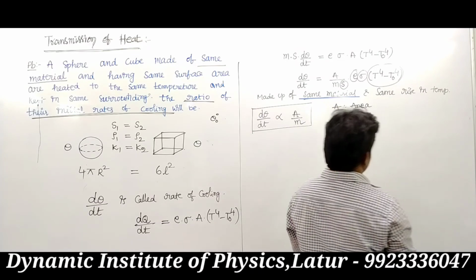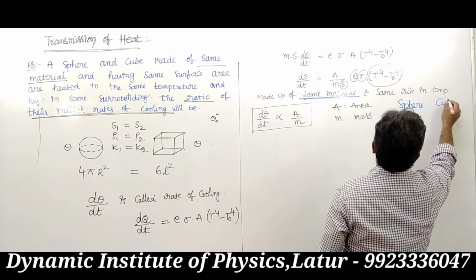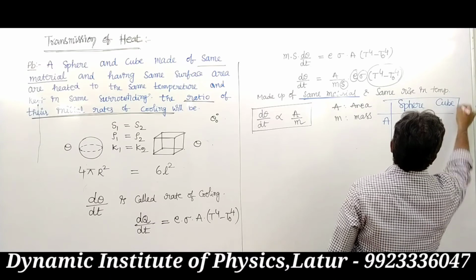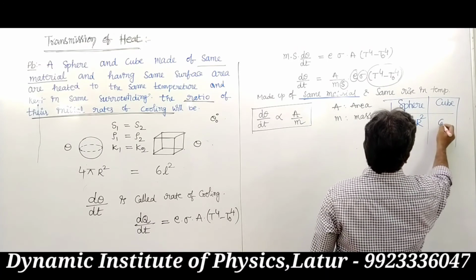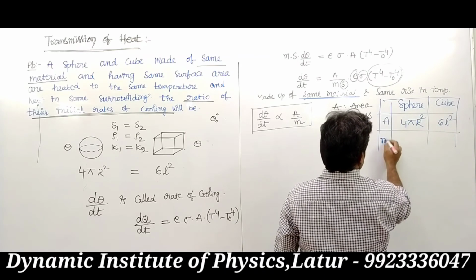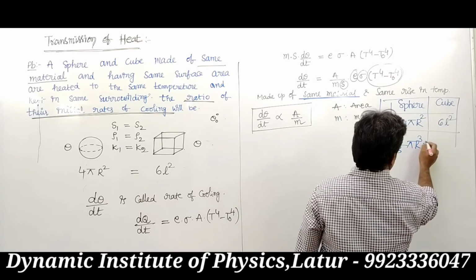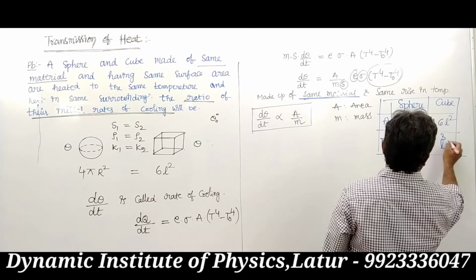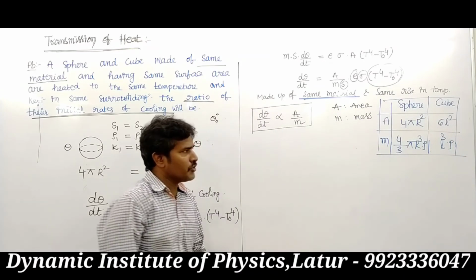First we are using a sphere and a cube. The surface area of the sphere is 4 pi r square, and the surface area of the cube is 6 l square. The mass of the sphere is 4 by 3 pi r cube into density, and the mass of the cube is volume into density, l cube into rho.